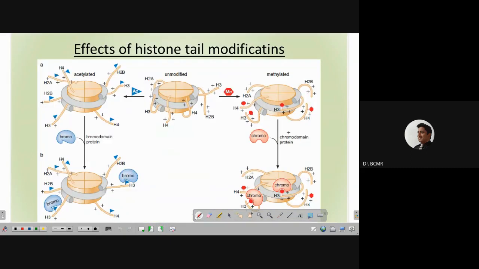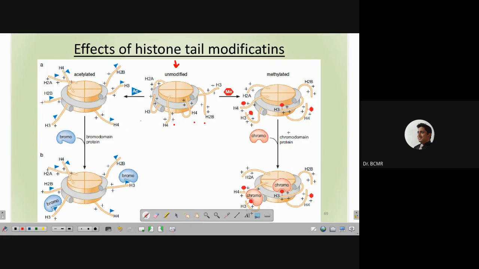Here is a nice picture that will summarize a lot of things here. And let's see how we'll go. Here is the unmodified DNA. And all the histone tails have a lot of basic amino acids. Histones have about 20% of basic amino acids like lysine, arginine, and so on. So all the basic amino acids have this positive charge, and DNA has kind of negative charge. So they tend to interact with the DNA and so on.